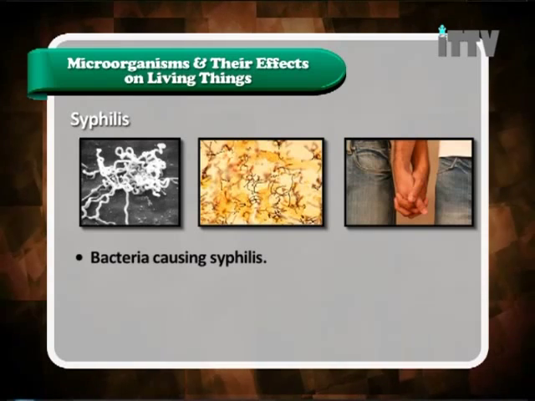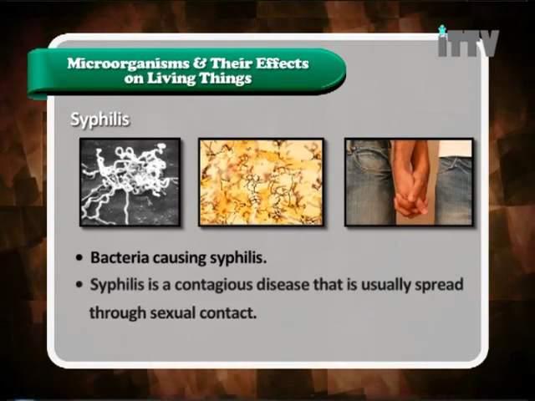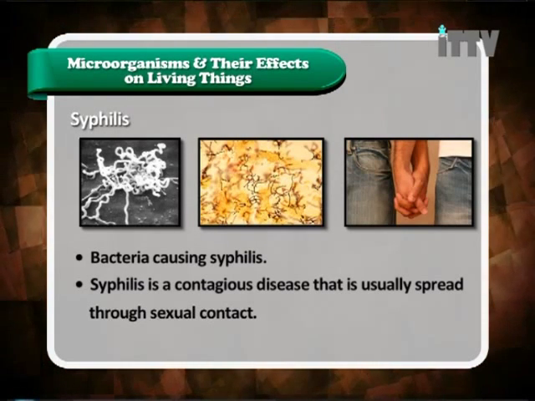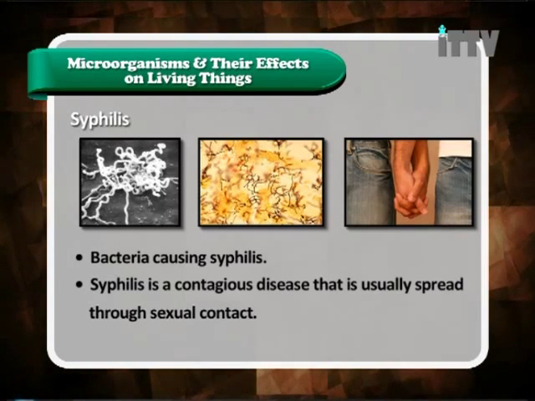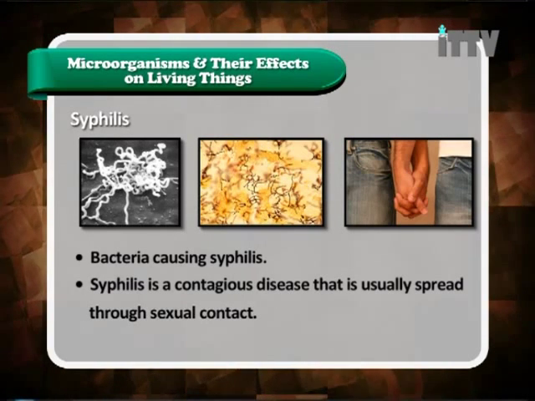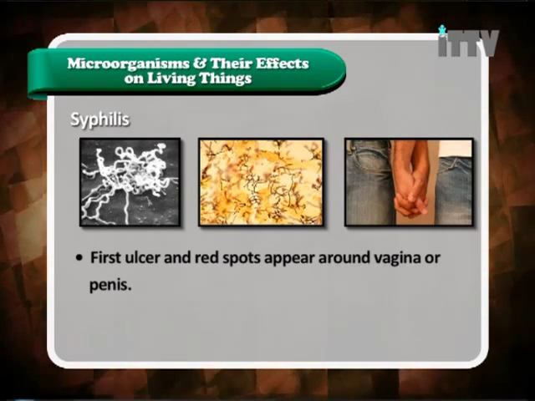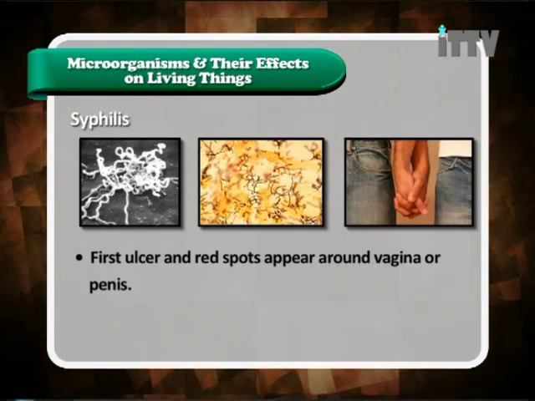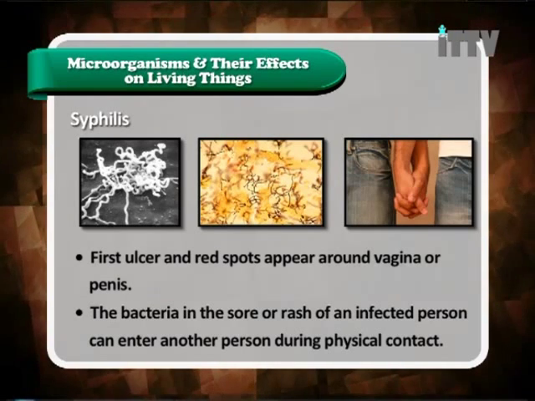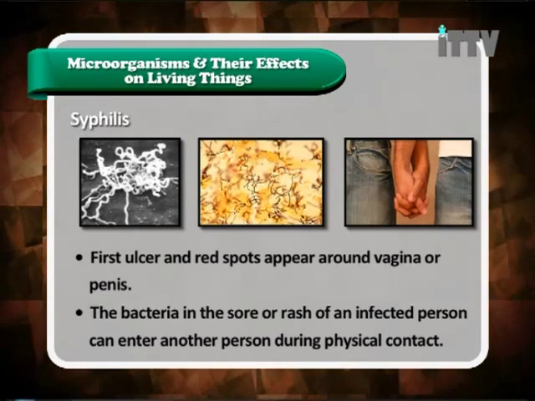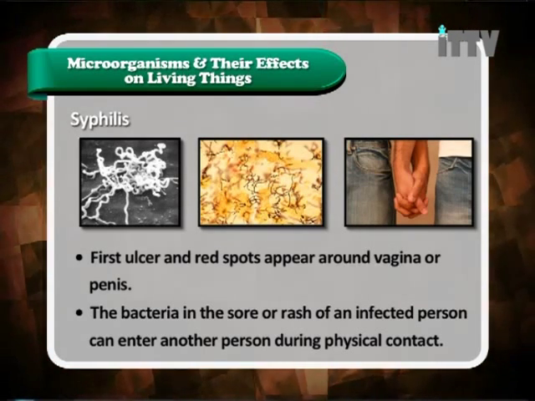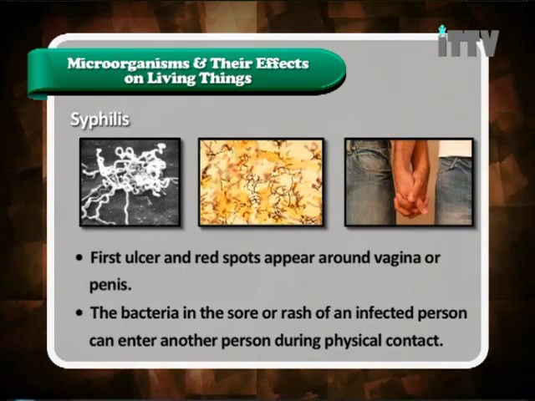Now let's look at the next one, that is syphilis. Bacteria cause syphilis. Syphilis is a contagious disease that is usually spread through sexual contact. First, ulcers and red spots appear around the vagina or penis. The bacteria in the sore or rash of an infected person can enter another person during physical contact.